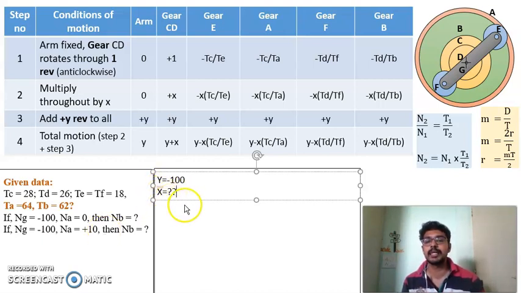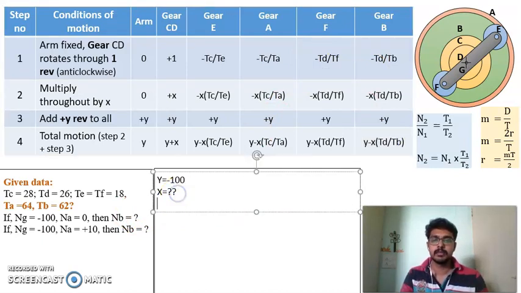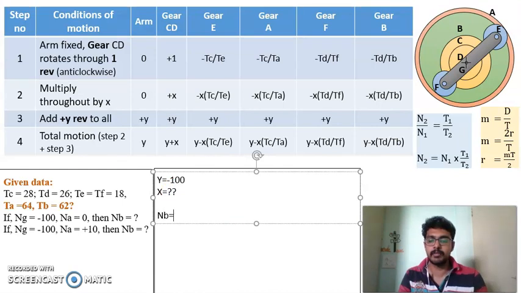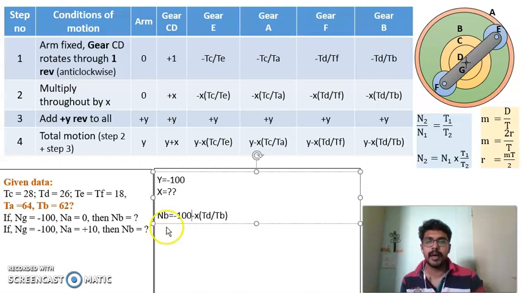Once you know how much y and x is, you can simply find out how much NB is, that is the speed of gear B. So speed of gear B is represented by this particular term. Now y is equal to minus 100. Value of x I haven't yet calculated, but you need to calculate and substitute it over here.